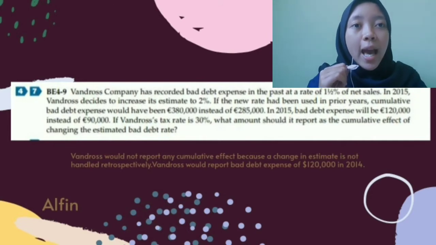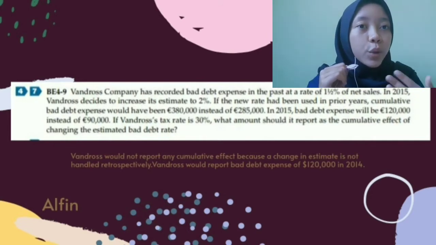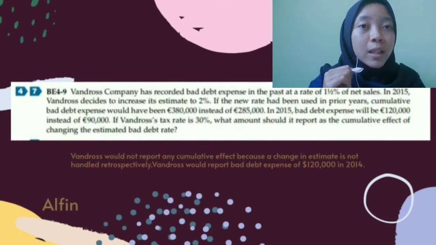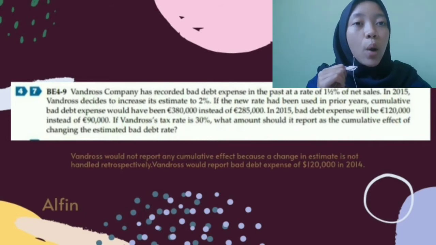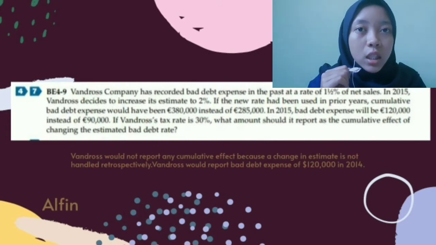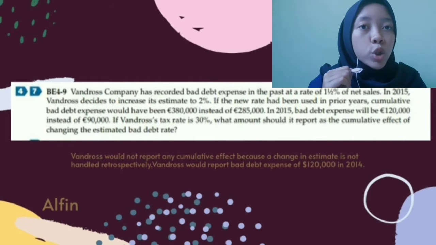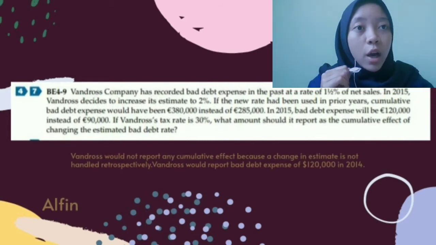If the new rate had been used in prior years, cumulative bad debt expense would have been €3,800 instead of €2,085. In 2015, bad debt expense will be €1,020 instead of €90,000 if vendor's tax rate is 30%. What amount should it report as the cumulative effect of changing the estimated bad debt rates?